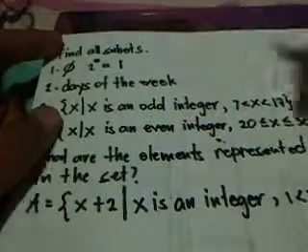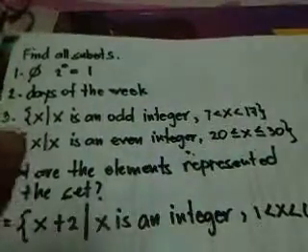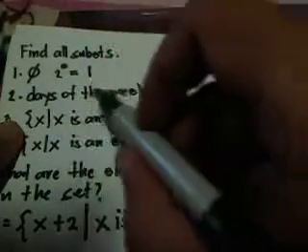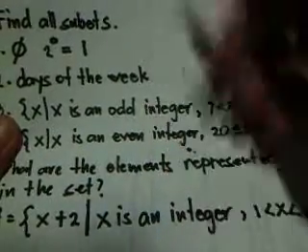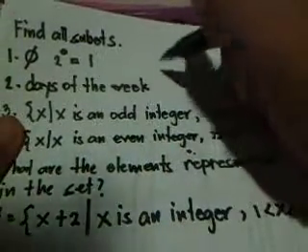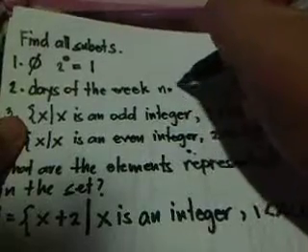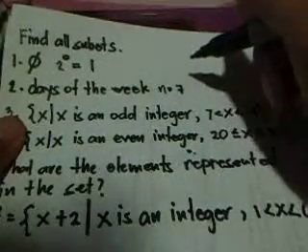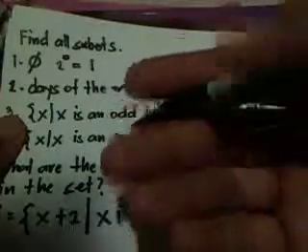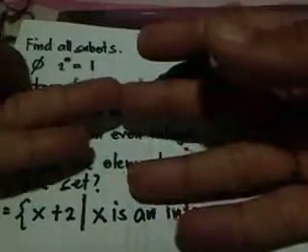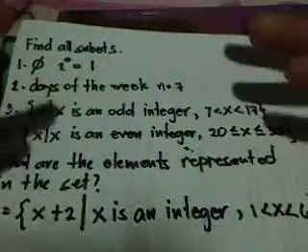Okay, now number 2, we have the days of the week. If you ask how many days within a week, that is obviously 7. So our n here is 7. We have Sunday as the first day, Monday, Tuesday, Wednesday, Thursday, Friday, Saturday. So we have 7 days.